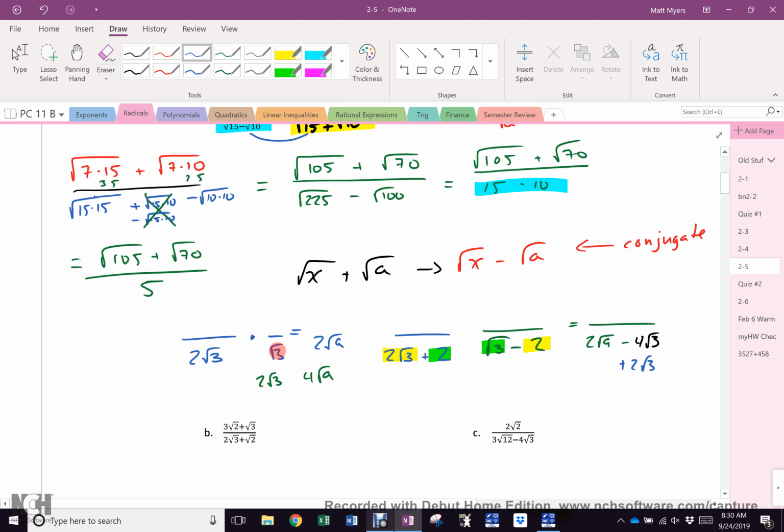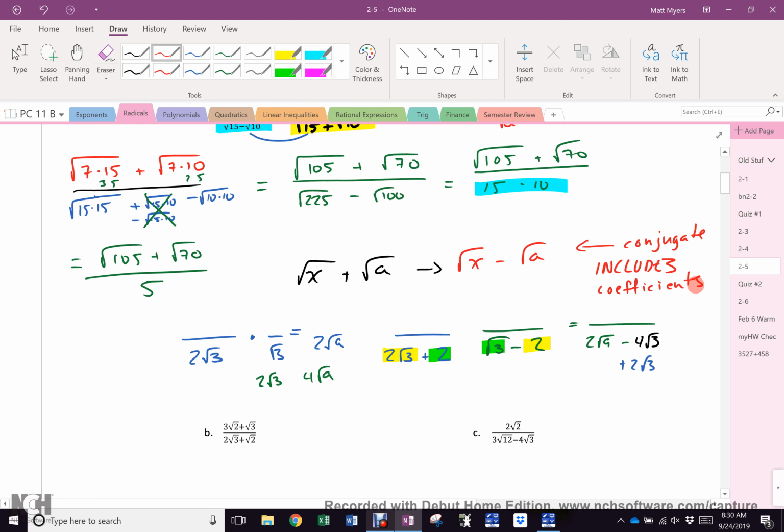So remember, when we're doing a monomial, we only need to worry about the root 3. We don't need to worry about the coefficient. But here, if we forget the coefficient, what happens? We don't get what we want. So we got to remember, the conjugate includes coefficients.